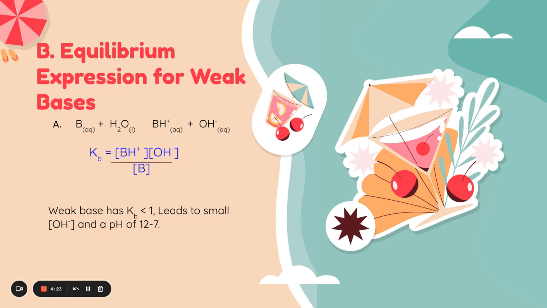Again, equaling a constant. Again, that constant is going to be small. So it's going to be a weak base. So 7 to 12 on the pH scale, not a strong base, which would be like 13, 14, something like that. So that's it. Those are the equilibrium expressions for the dissociation of a weak acid and a weak base.